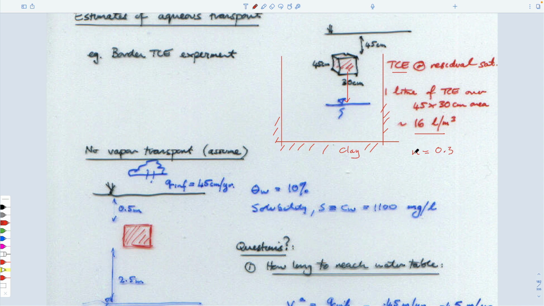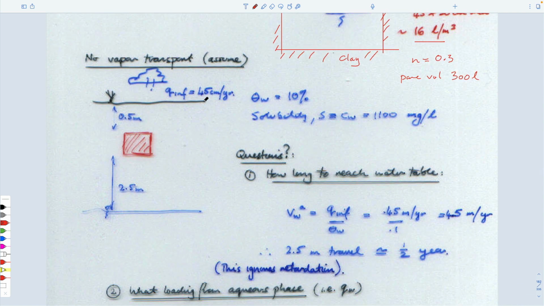So the pore volume for a cubic meter would be 300 liters. And this is less than the pore volume because it's smaller than that. I think it's like a tenth or 15th of a cubic meter. So it's something like 160 liters, and so it's 16 liters, so it's something like 10% of the total volume is filled with TCE. So never mind, doesn't matter.